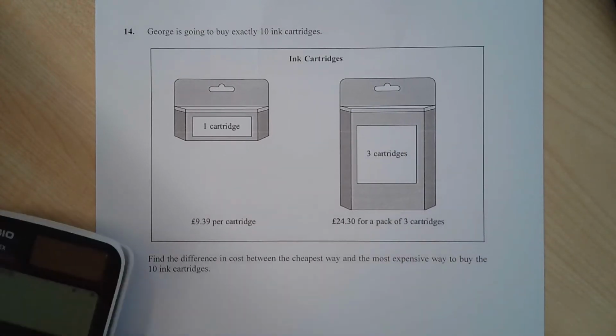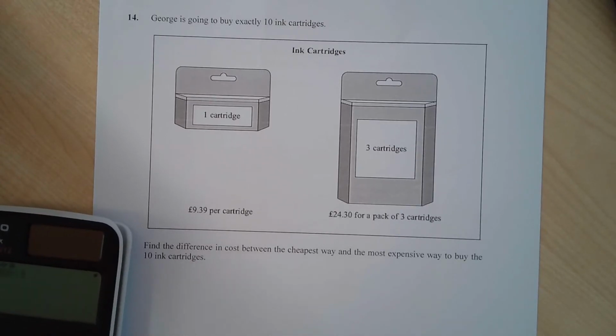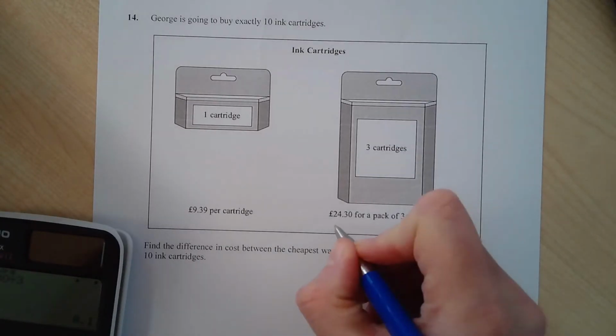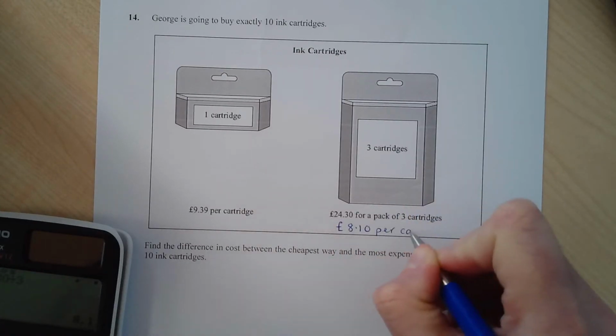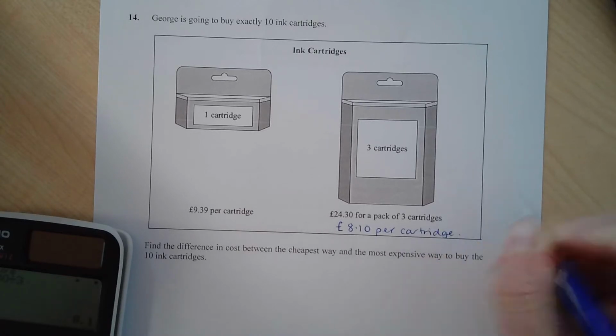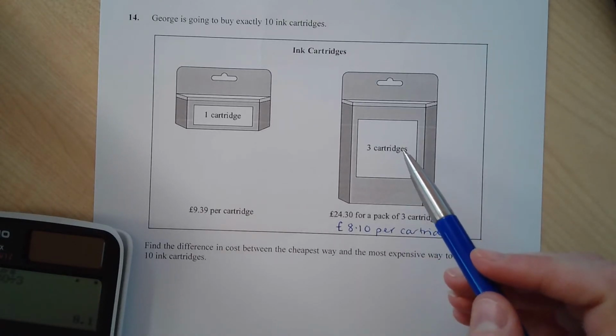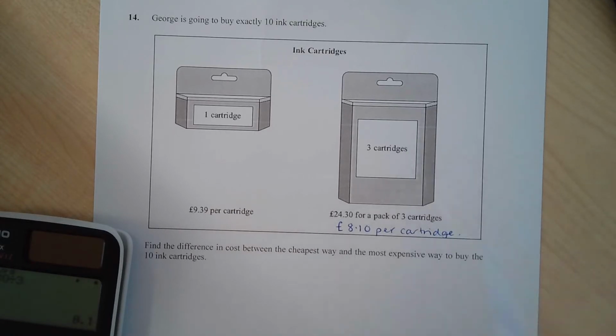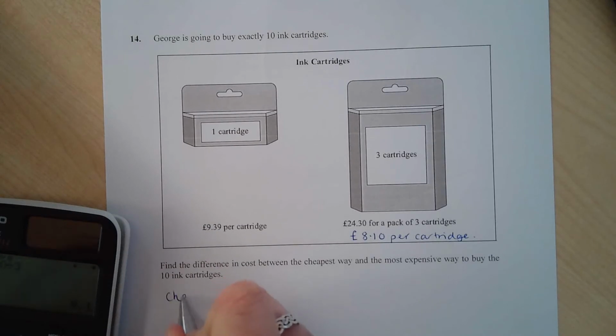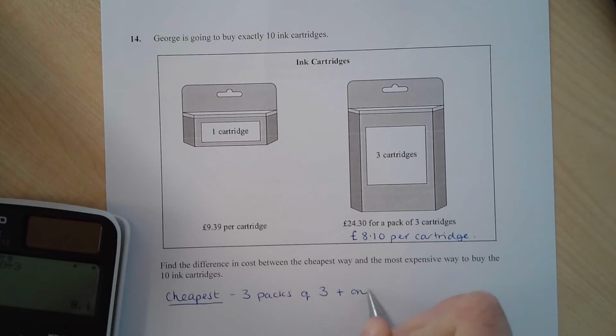If I do £24.30 divided by 3, that works out at £8.10 per cartridge. Now obviously 10 isn't a multiple of 3, so I can't just buy packs of 3 to get the 10 ink cartridges, but the cheapest way of doing it is going to be 3 packs of 3, which would be 9 cartridges altogether, plus 1 extra one, so 1 pack of 1.